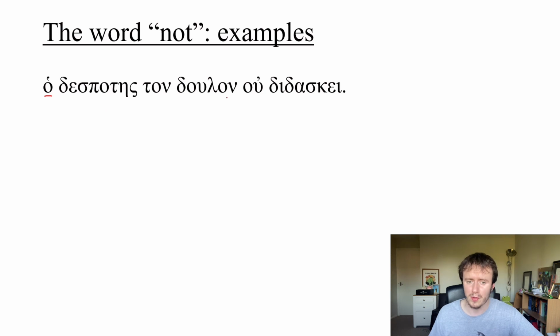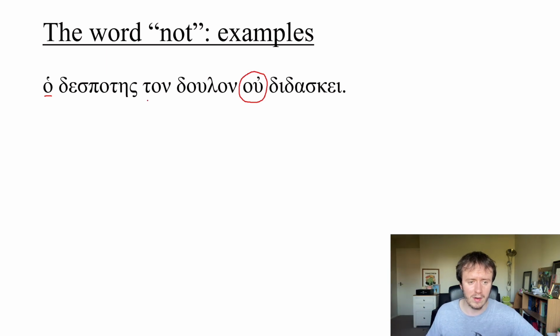But here, the plot twist, as I said, is that we've got this word ou before didaske, and ou means not. And therefore, this means the master does not teach or is not teaching. It could be either because it's present tense. It can either be does that thing or is doing that thing. But in this case, since it's involving ou, it's does not do that thing or is not doing that thing.